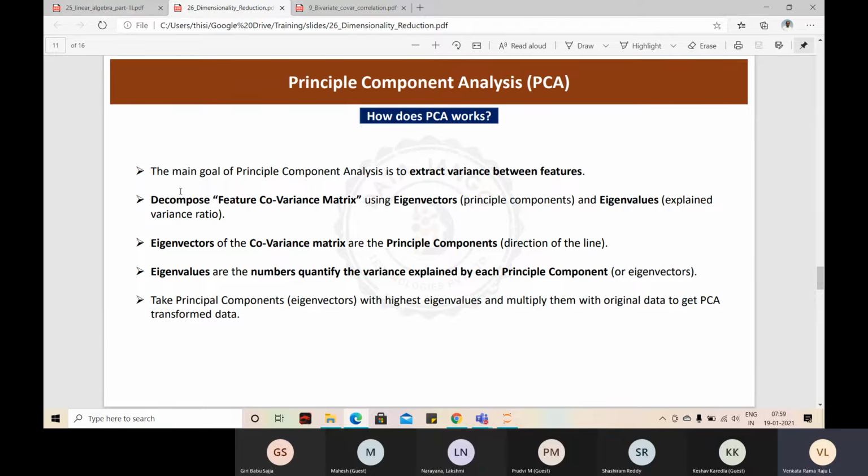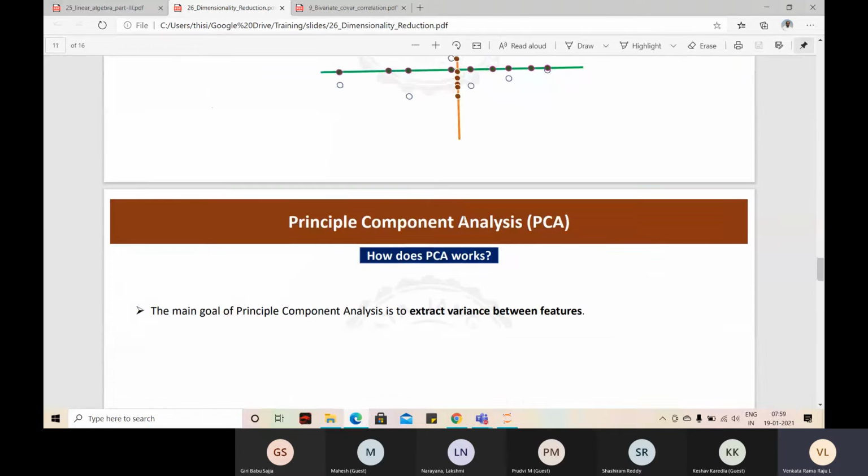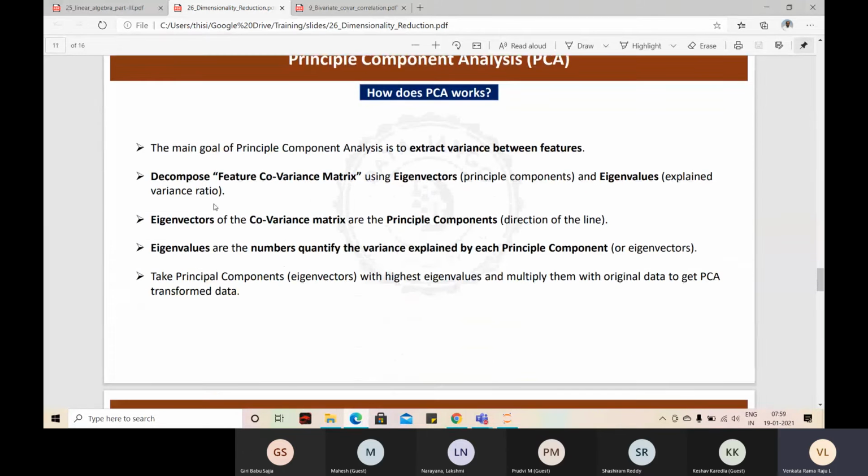Okay, so let us see that. Now decompose the feature matrix using eigenvector and eigenvalue decomposition. The eigenvectors of the covariance matrix are the principal components, these green and orange lines. Eigenvalues are the numbers quantifying the variance explained by each principal component.